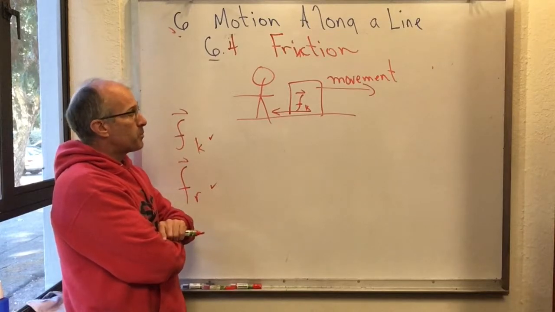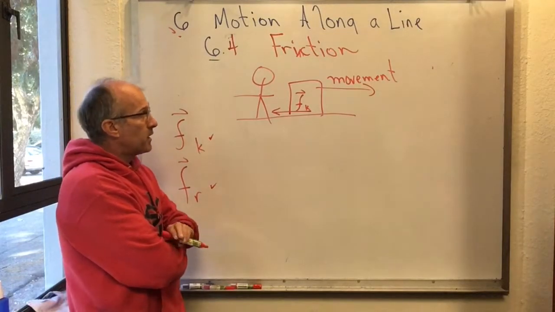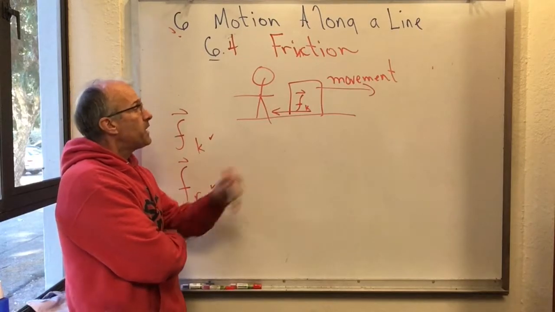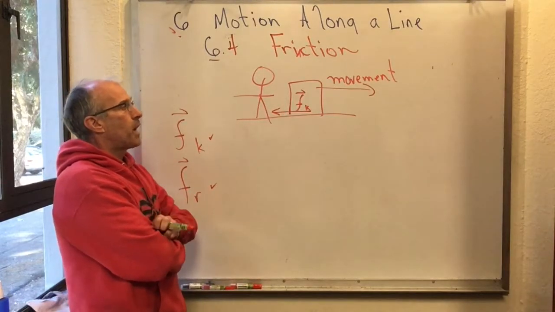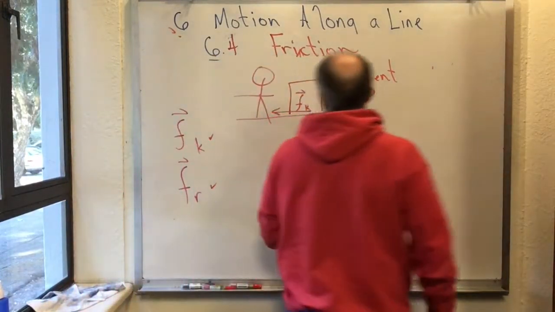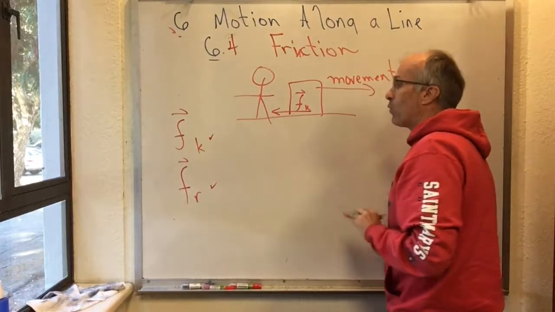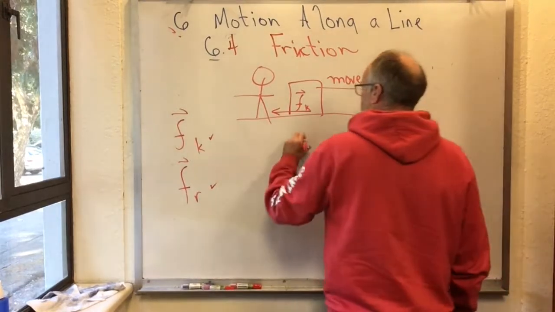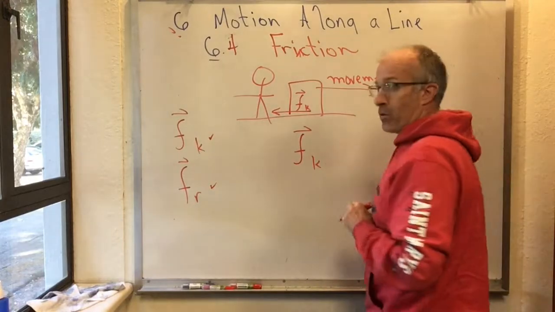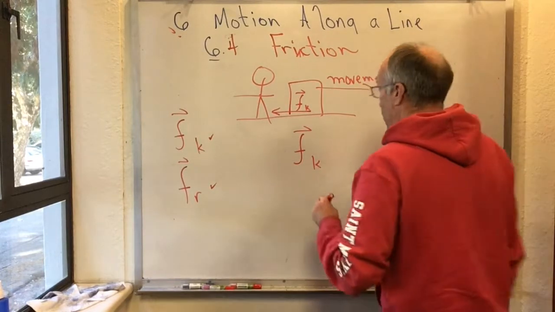Now I'm going on to the second case. Let's assume that this person is pushing hard enough on this box that there's now movement. And by definition, we're now into F kinetic. Now F kinetic, rather than obeying a less than or equal to sign, we're going to model it like this. F kinetic, that's the vector, opposes the direction of motion.